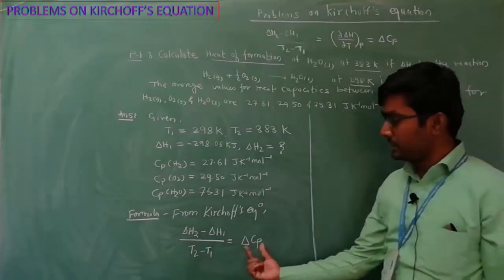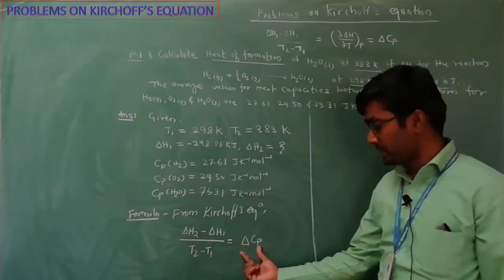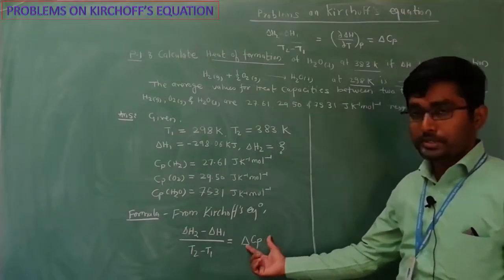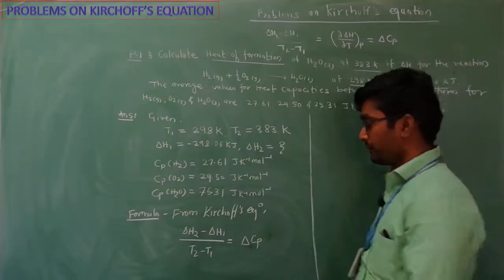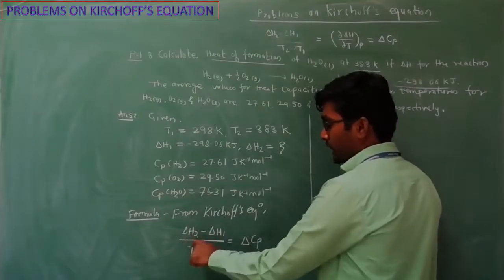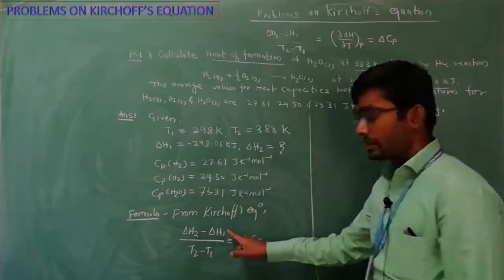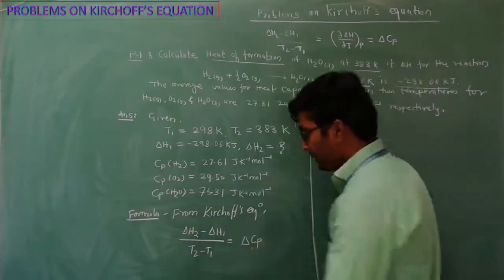Here delta Cp is the change in heat capacities, which is equal to the heat capacities of products minus the heat capacities of reactants. Delta H2 is the heat of reaction at temperature T2, and delta H1 is the heat of reaction at temperature T1.